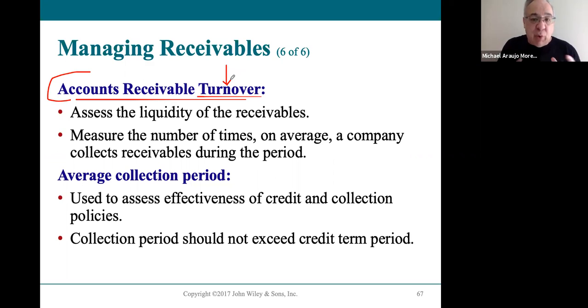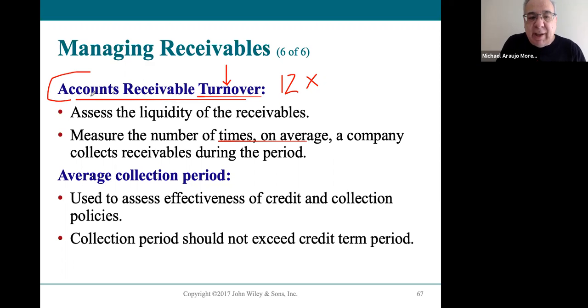Well, there are roughly 12 30-day periods, because 30 days is roughly a month and there are 12 months in a year. You should be collecting your receivables at least 12 times per year. So 12 is the standard. 12 or more is good, right?